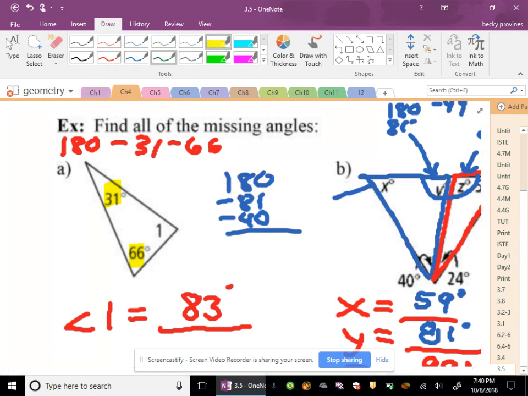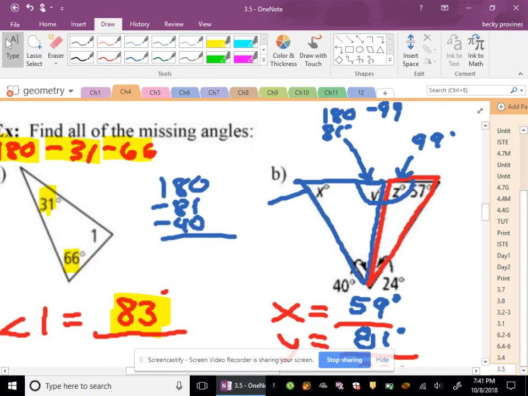It's over here, this 180. I subtracted the 31 degrees and I subtracted the 66 degrees. When you do that, you can double check me, but I hope that's 83. That's what I got when I did it.